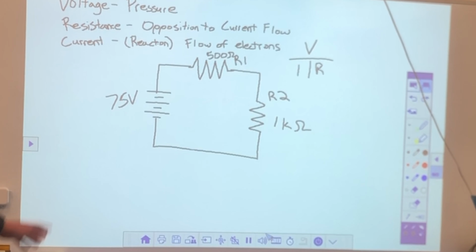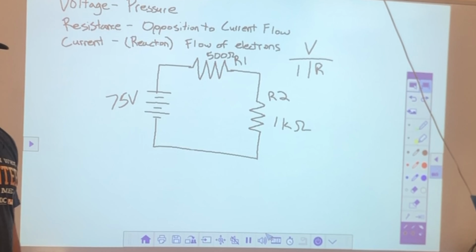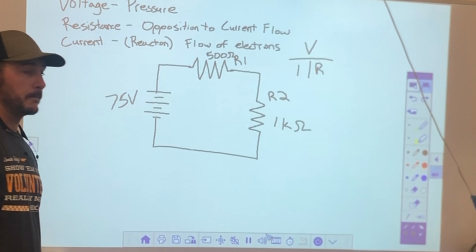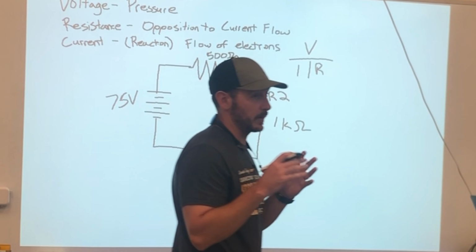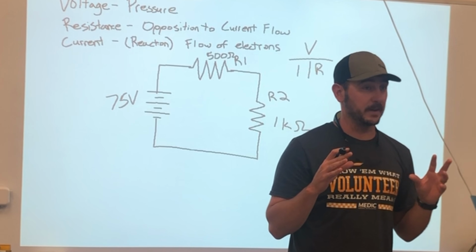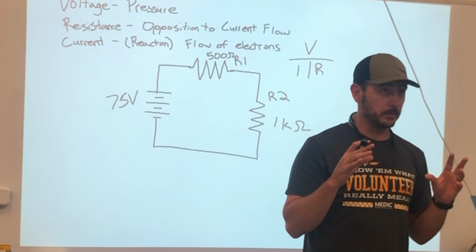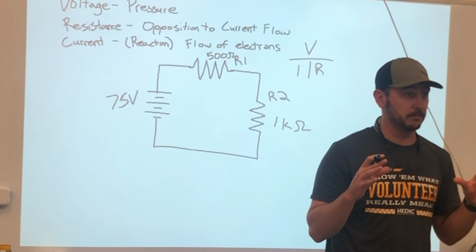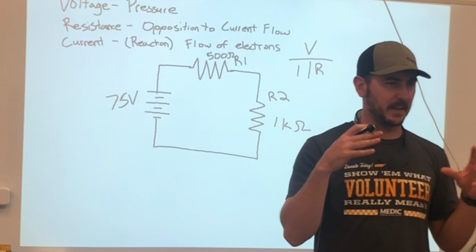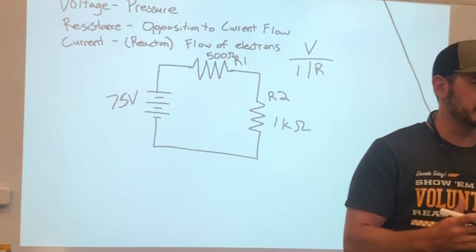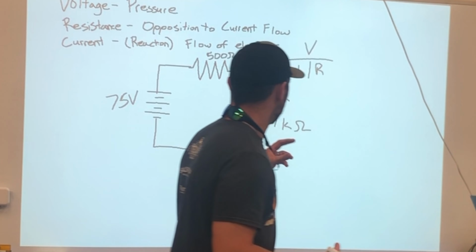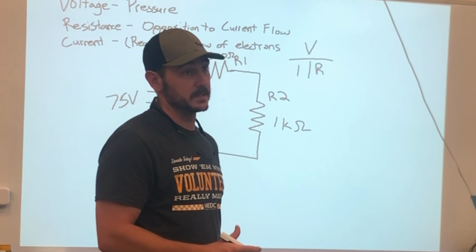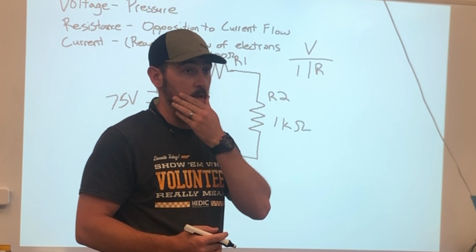Since this is the only path for current to flow, there are a few things that we have to remember. This goes back to what I was talking about yesterday. The basic knowledge of it, all right? Just think of it in the simplest form that you can. Don't try to overcomplicate it. If I wanted to know the total resistance, how would I find it?